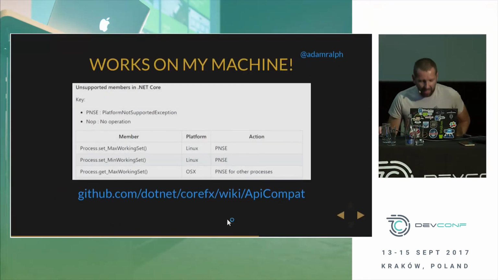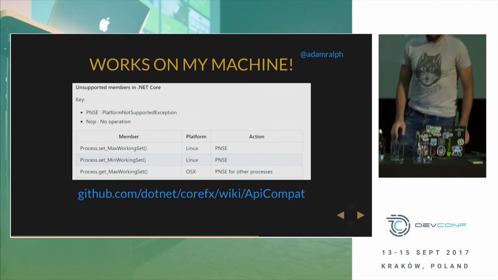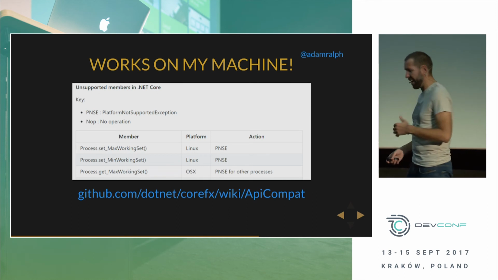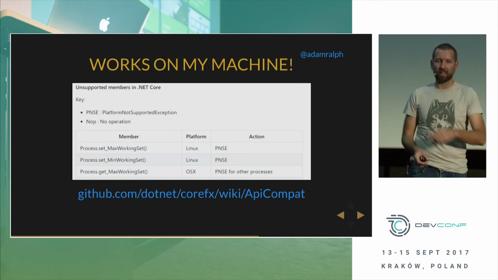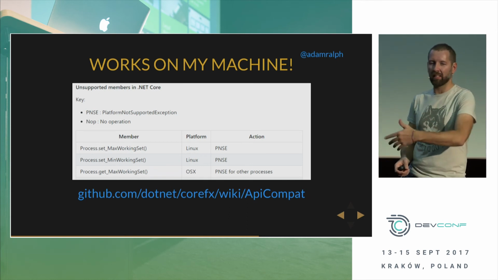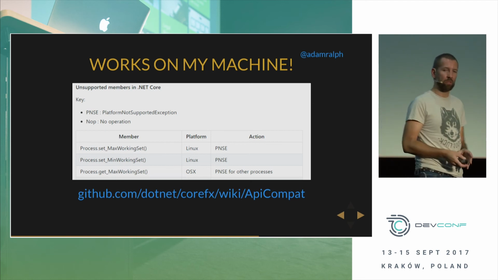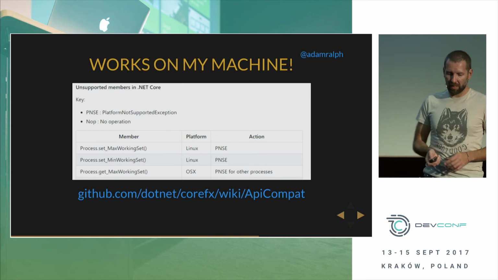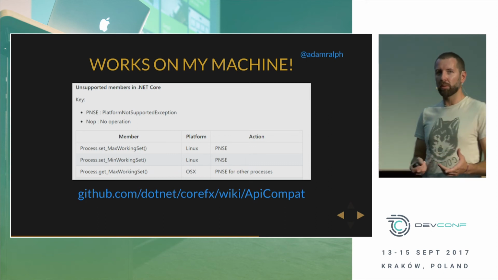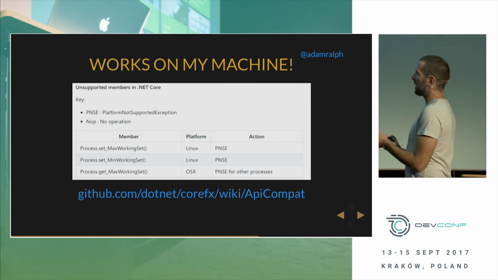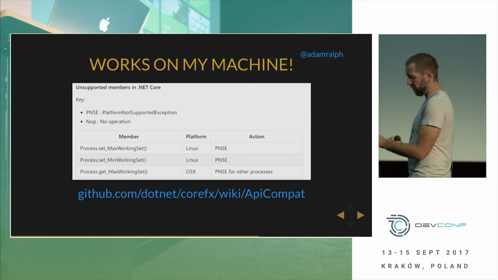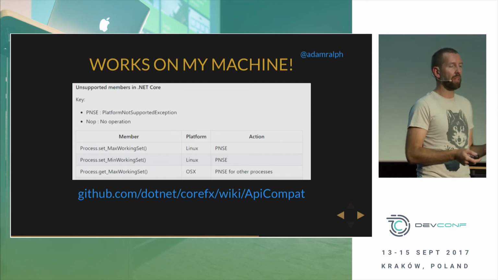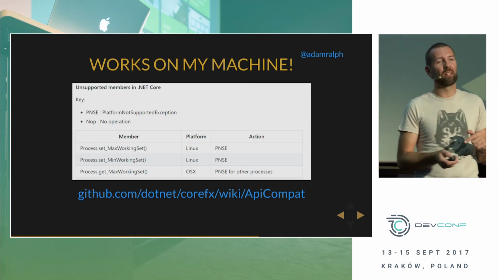So as I said, this does have a sort of element of works on my machine, because unless you test it on all those permutations that you think it's going to be used on, like on Mac and Linux and everything, you can't really be sure it's going to work. But this is a really good resource. On this page, they tell you the APIs on all different platforms that are actually not supported, although the platform says they support them.